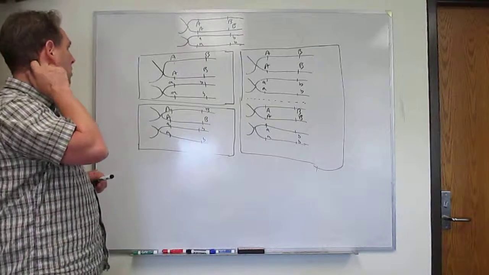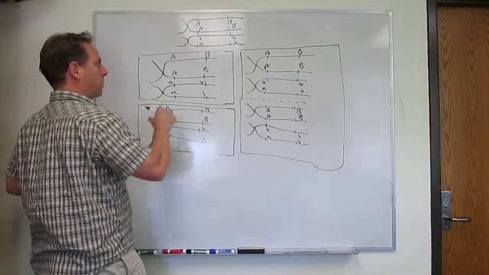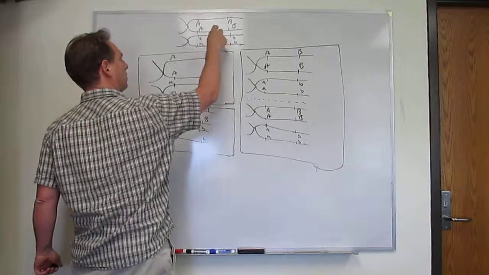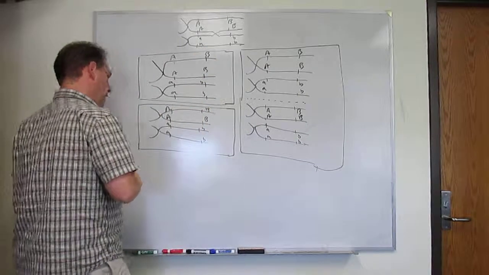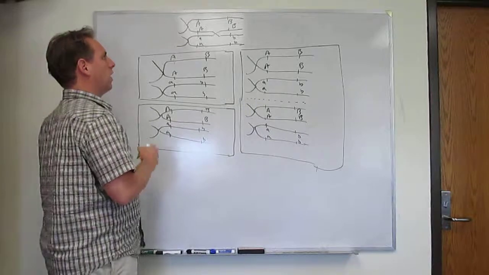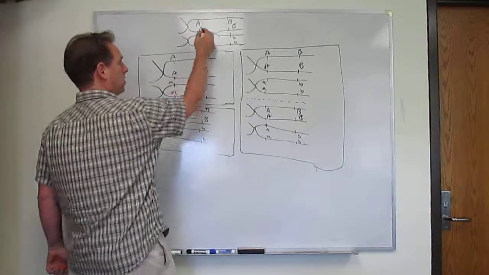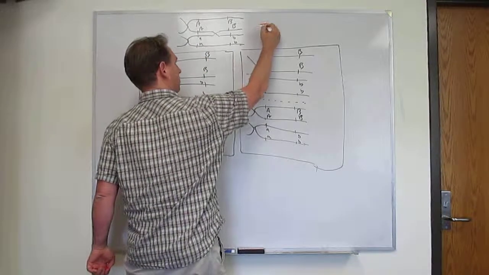All right. So what I have up top is a scenario in which there might be a single crossover. In that particular case, what type of tetrad do you produce? Well, you produce a tetratype because you have the two parentals and then the recombinants within there, so we'll just call that a tetratype.